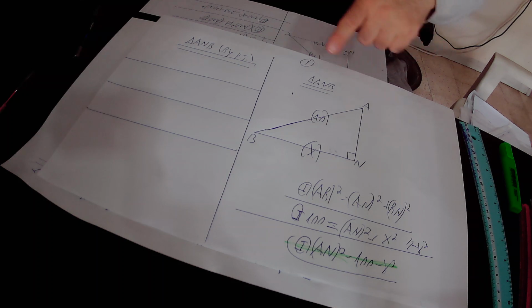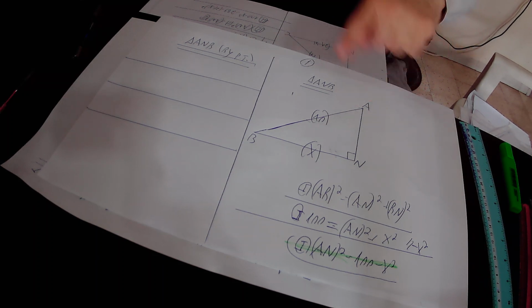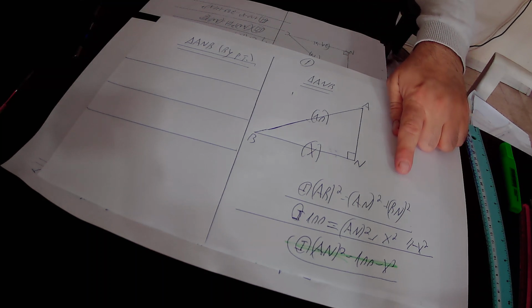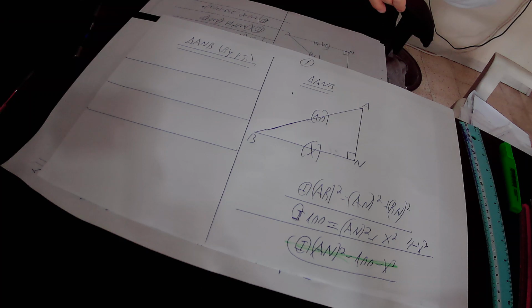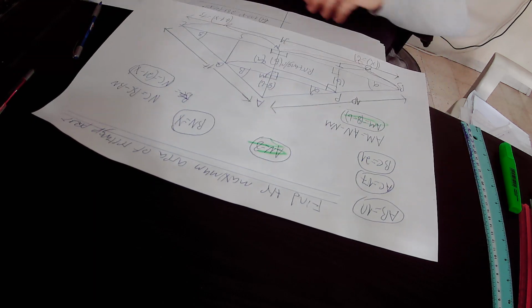AB is 10, therefore AB squared is 10 squared, it is 100, and it equals AN squared. AN is the missing side, so we leave it as it is, plus BN squared. BN is X, therefore BN squared is X squared. So according to equation 1, we found out that 100 equals AN squared plus X squared. Here we subtract X squared from equation 1, and we found out that AN squared equals 100 minus X squared. This is according to equation 1.